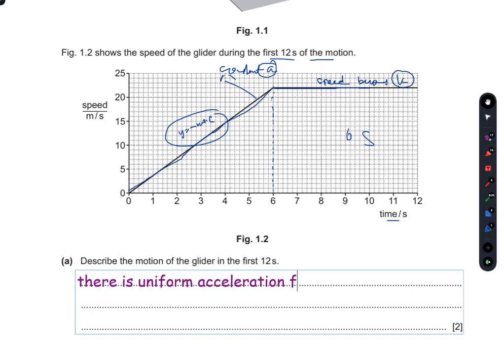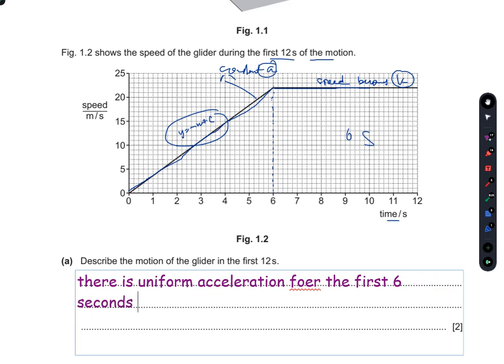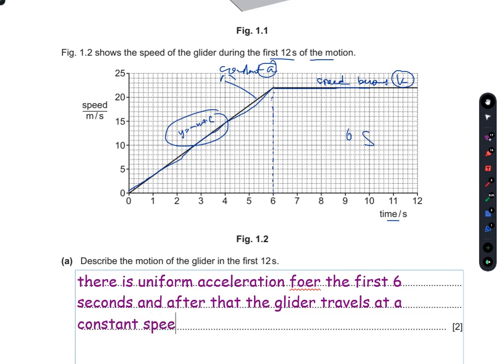There is uniform acceleration for the first 6 seconds, and after that, what happens? The speed remains the same. There is no acceleration, the body is still moving, and after that the glider travels at a constant speed. So that's your answer.